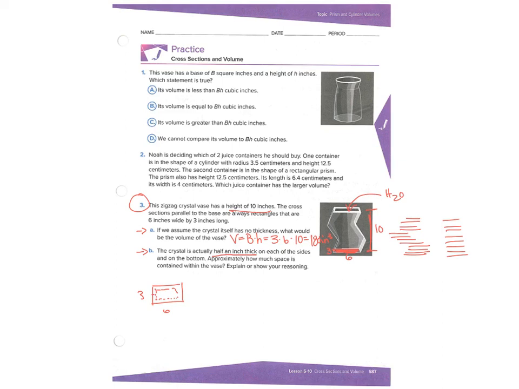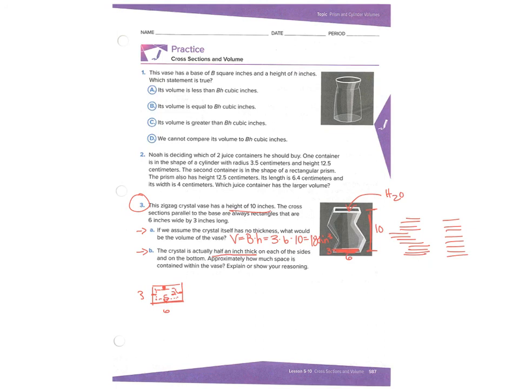If I take a 1/2 inch off on either side and a 1/2 inch off on either side, then I'm taking 1 inch off. It's really 5 by 2. This is a half, this is a half. So I'm taking a whole inch off the length and getting only 5 inches. If this is a 1/2 inch and a 1/2 inch, I'm taking an entire inch off this width of 3, and so it's really only 2.